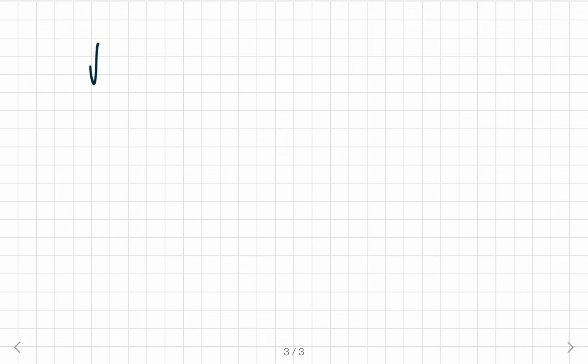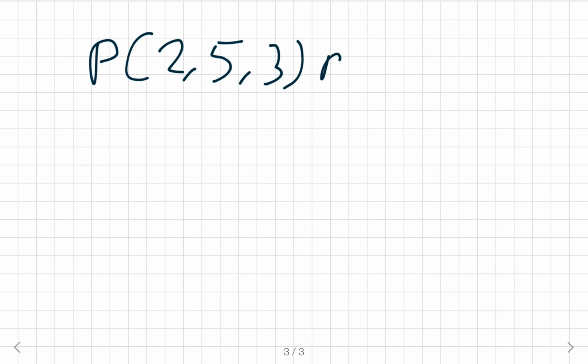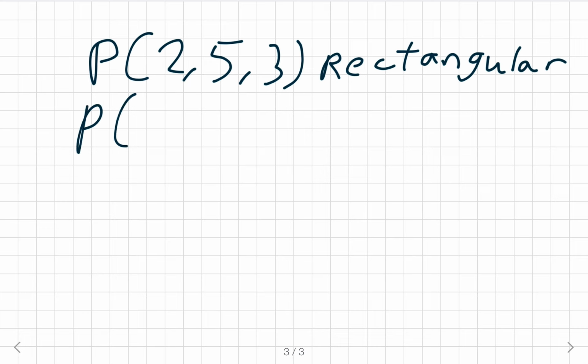So let's say we have point P. It's, let's say, (2, 5, 3). I just made that up. That's rectangular coordinates. We want that in cylindrical coordinates. So basically what we do is we first write the format of cylindrical coordinates to remind ourselves. It's r, theta, z.